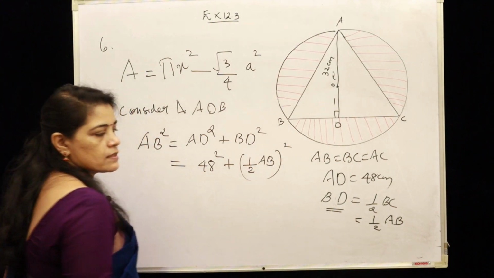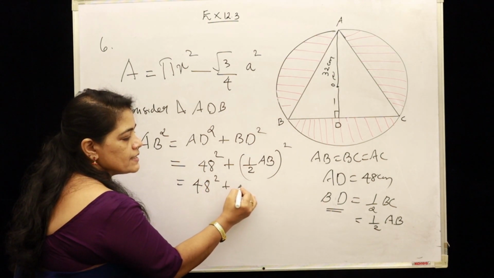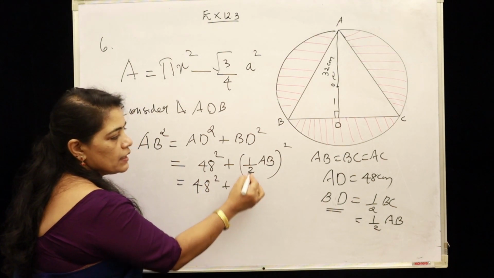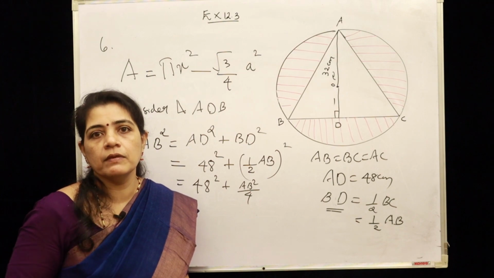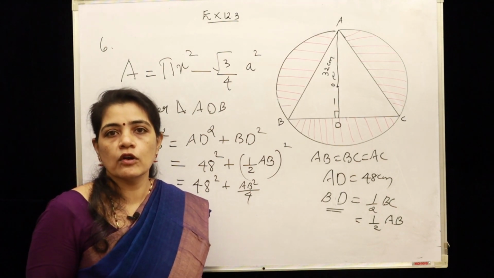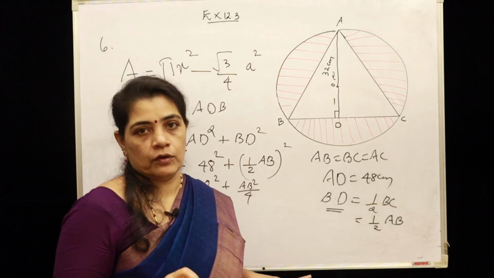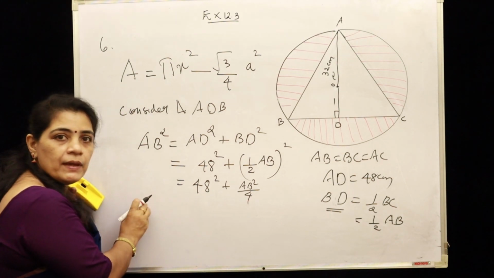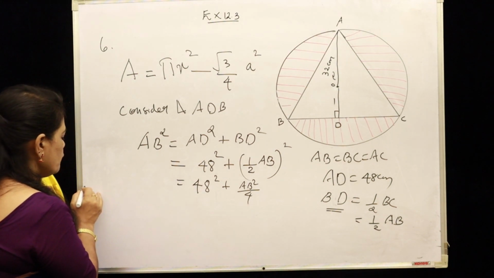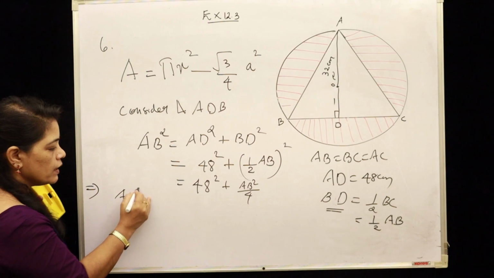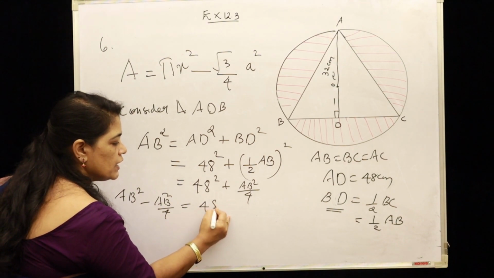The next calculation: 48 square plus AB square by 4, that is AB by 2 whole square. A by B whole square is A square by B square, the numerator square divided by the square of the denominator, so this becomes AB square divided by 4. I am taking this AB square by 4 to the LHS, so this plus sign becomes minus. Which implies AB square minus AB square by 4 is equal to 48 square.